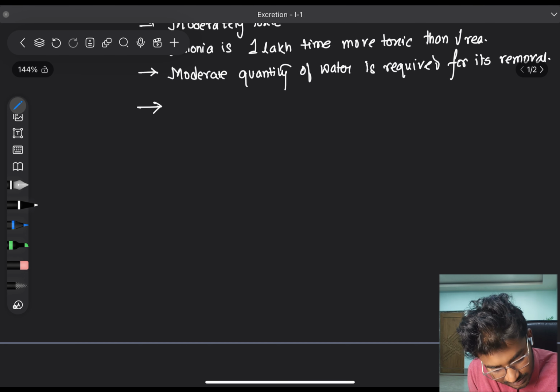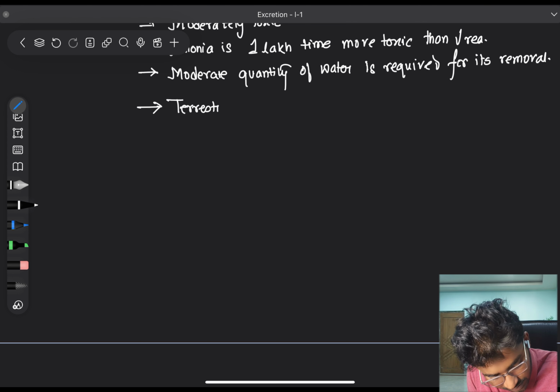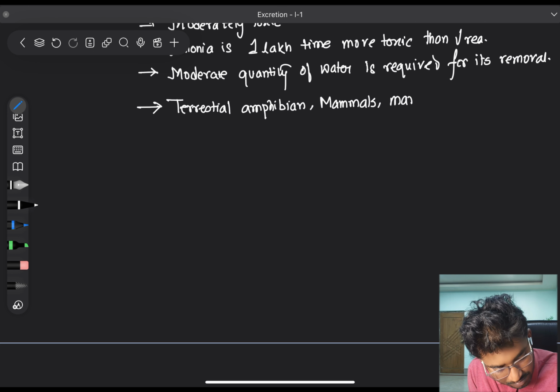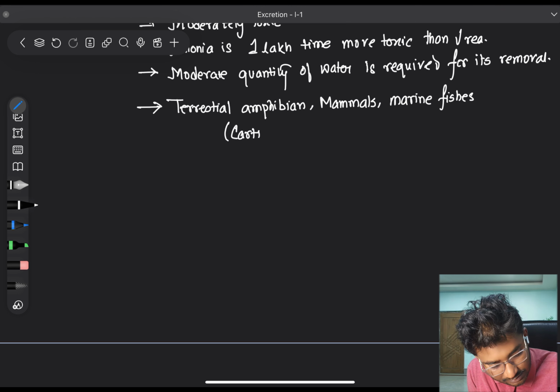Examples are terrestrial amphibians, mammals, and marine fishes, that is cartilaginous fishes.